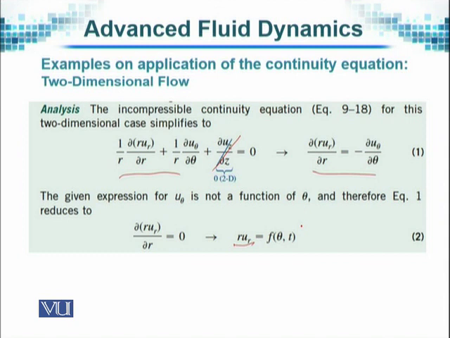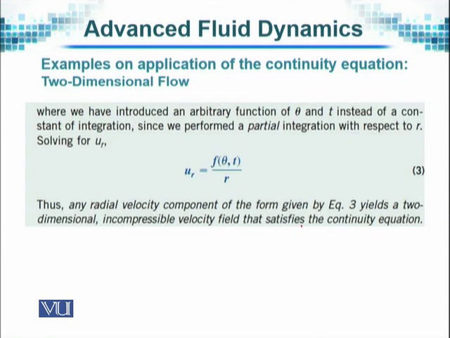Since there may not be any time changes coming in here, any function that we write as f of theta and t should work. And therefore the value of ur can be written as ur equal to f of theta and t divided by r.